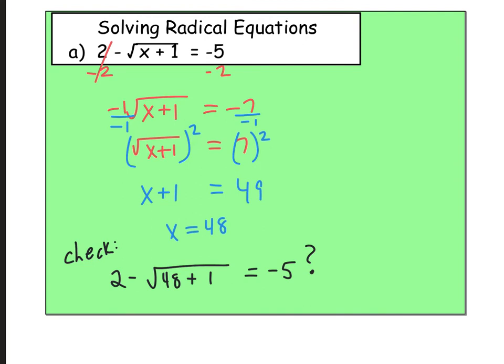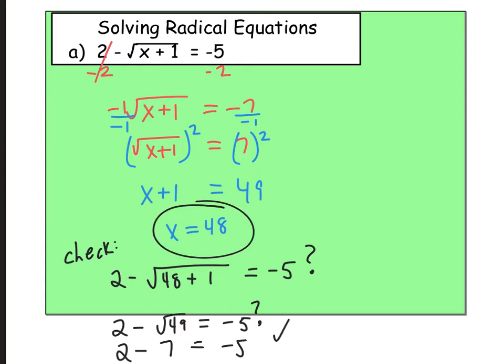So if we simplify, 48 plus 1 is 49. Does this equal -5? Okay, 2 minus the square root of 49 is 2 minus 7, and that is -5, so it does work. So our solution checked out. x equals 48.